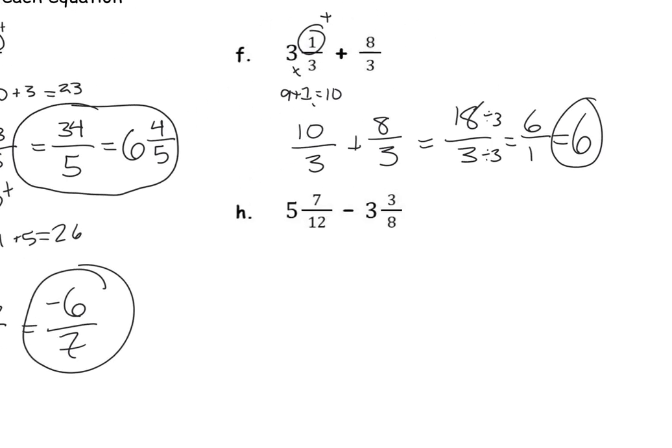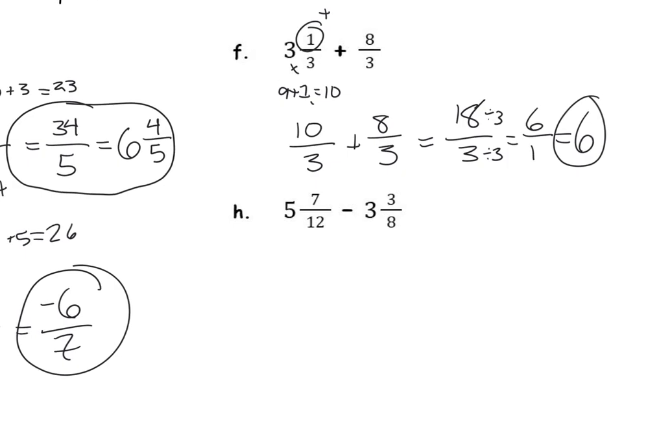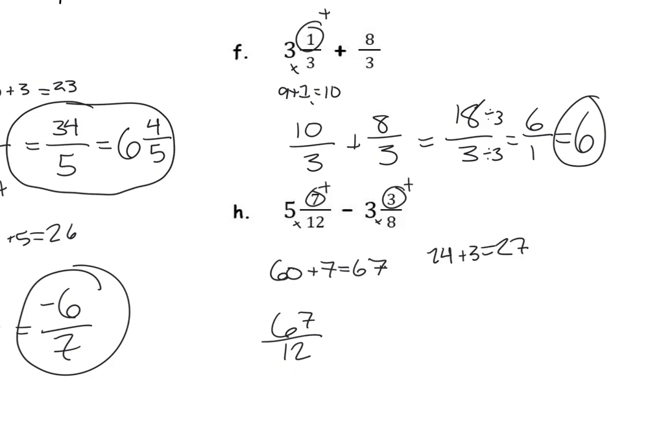For example H, it's going to combine basically everything we've learned through this unit. Okay, first thing we need to do is convert. 12 times 5 is 60, plus 7 is 67. So my first one is 67 over 12. 3 times 8 is 24, plus my numerator 3 is 27. So we're subtracting 27 over 8.